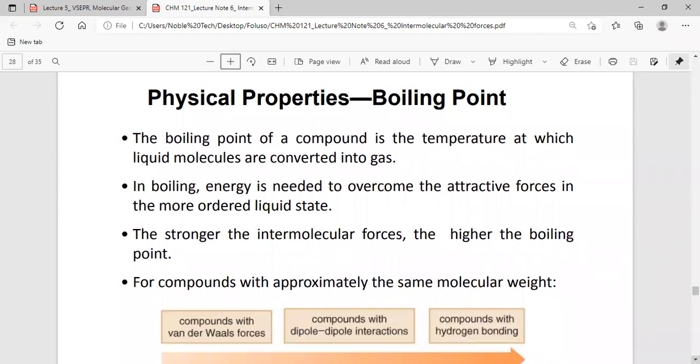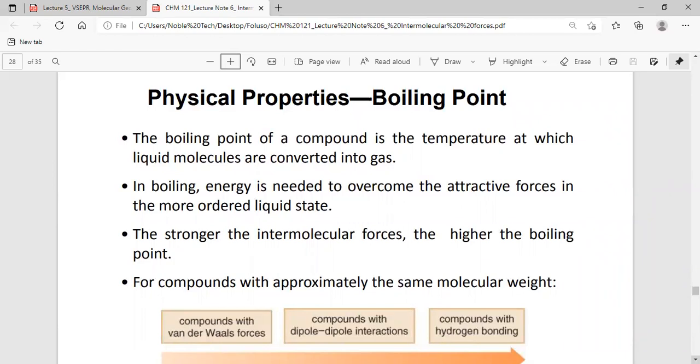The boiling point of a compound is the temperature at which the molecule is converted to gas. It is also expressed as the temperature at which the vapor pressure is equal to the atmospheric pressure. A compound will boil when the energy introduced into the system overpowers the intermolecular force of attraction.